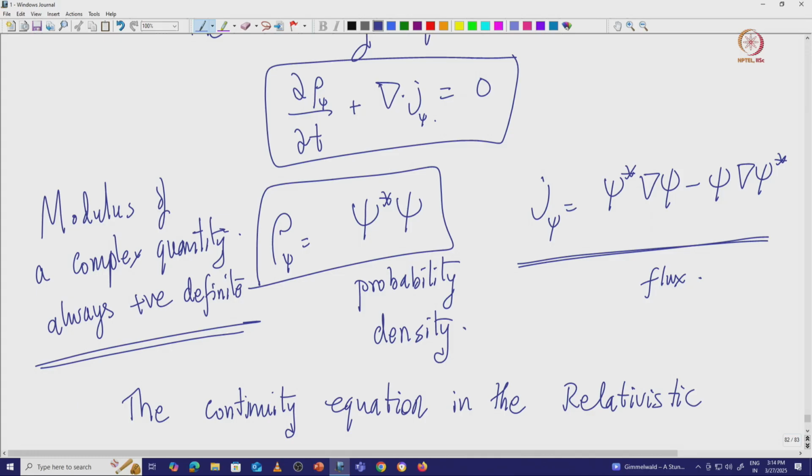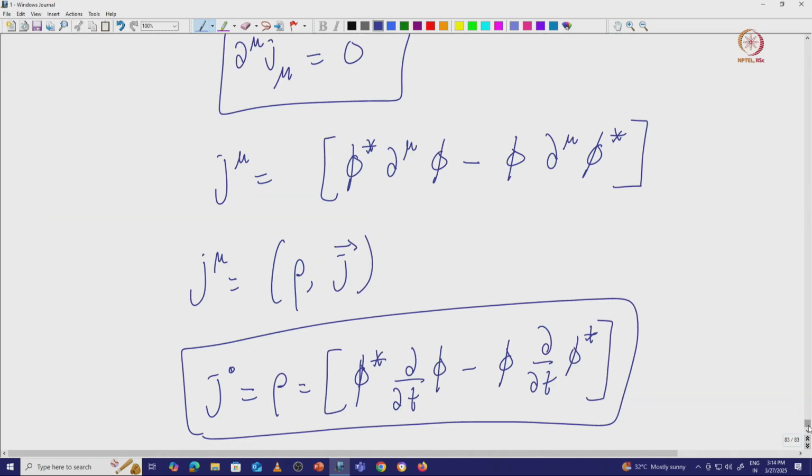In the non-relativistic case, we keep saying that rho is always positive and always conserved, and we give it an interpretation that the probability density is always positive. It means you can have a physical interpretation that you will find a particle at some point in space and time.